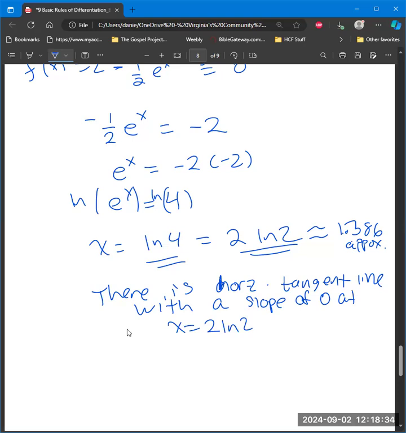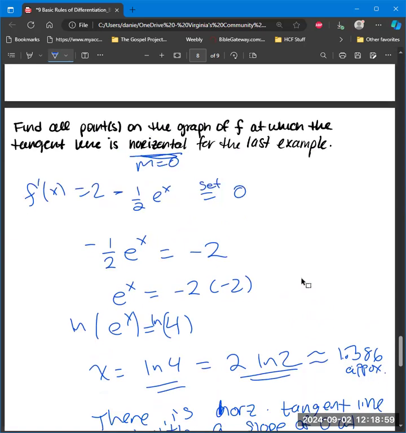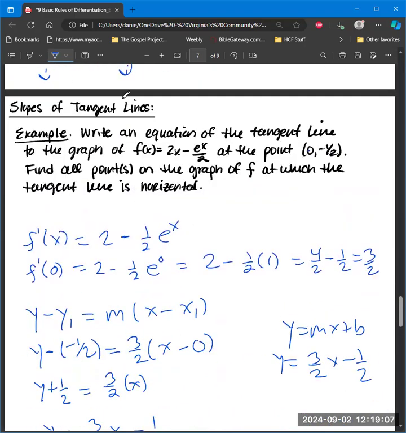So that tangent line would be y equals, at 2 ln of 2, would be, you'd have to plug the 2 ln of 2 into this original function here to get a y value.